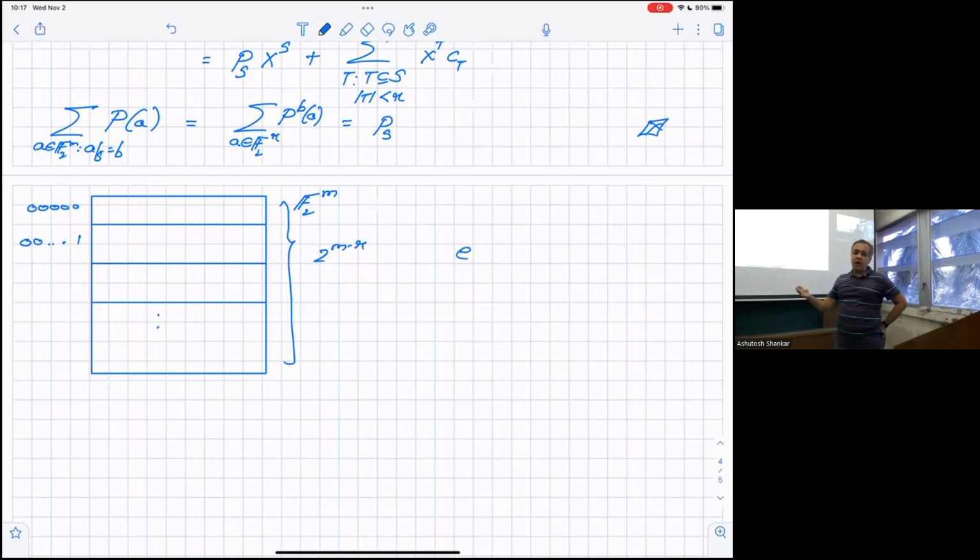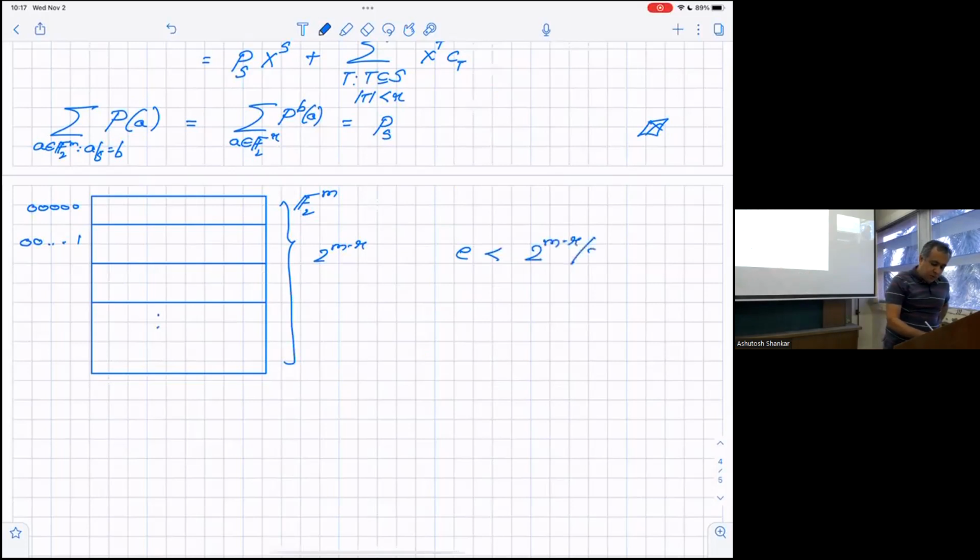But if F was erroneous at a particular point, then this one. So if you happen to lay your hands on one subcube in which there is no error, then F and P are identical on that. Therefore, when you extract this PS, you get the right PS. Now, how many errors are there? How many errors do we know? We know this is less than 2.